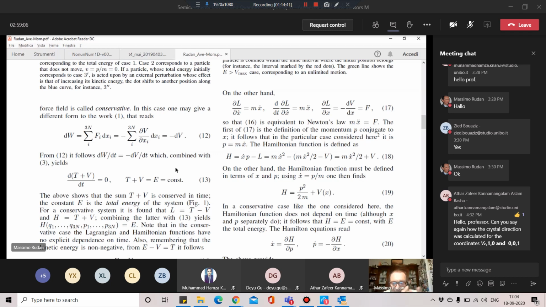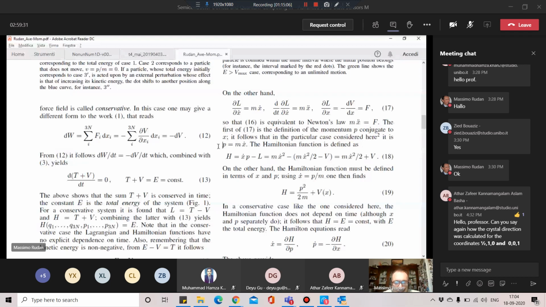So if you are in a one-dimensional situation, the velocity is x dot, okay? Remember, for this result to hold, P equal to m x dot, you need to be in a conservative case and use the Cartesian coordinates, okay?